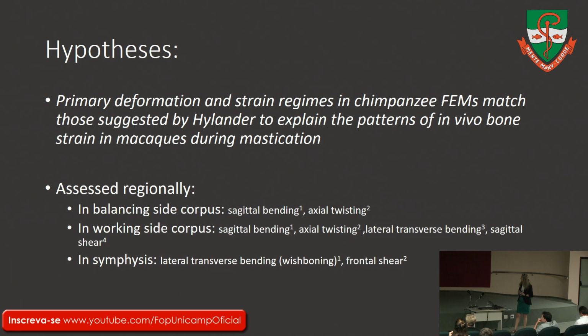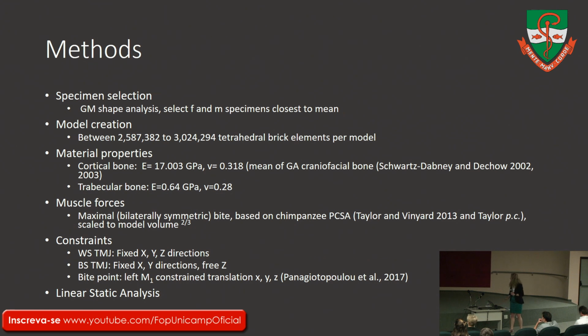In the working side corpus, we'll be looking at sagittal bending, axial twisting, this is about the axis of the corpus, and also lateral transverse bending and sagittal shear. And then in the symphysis, we'll be looking for lateral transverse bending or wishboning, as well as frontal shear. This is just an overview of my methods, but I'm going to walk you through the steps one by one.